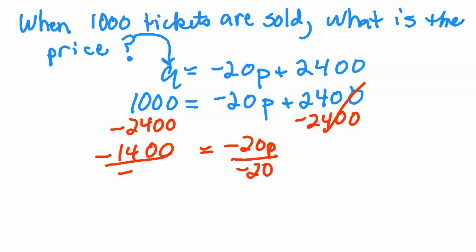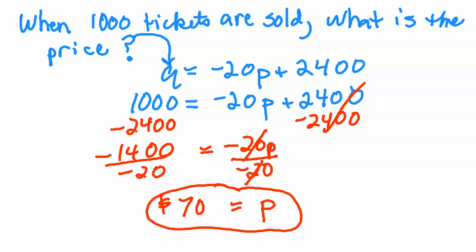So we divide both sides by negative 20, and that's 1. So the price is, two negatives make a positive, $70. So the price is $70 when 1,000 tickets are sold. That's $70 per ticket.